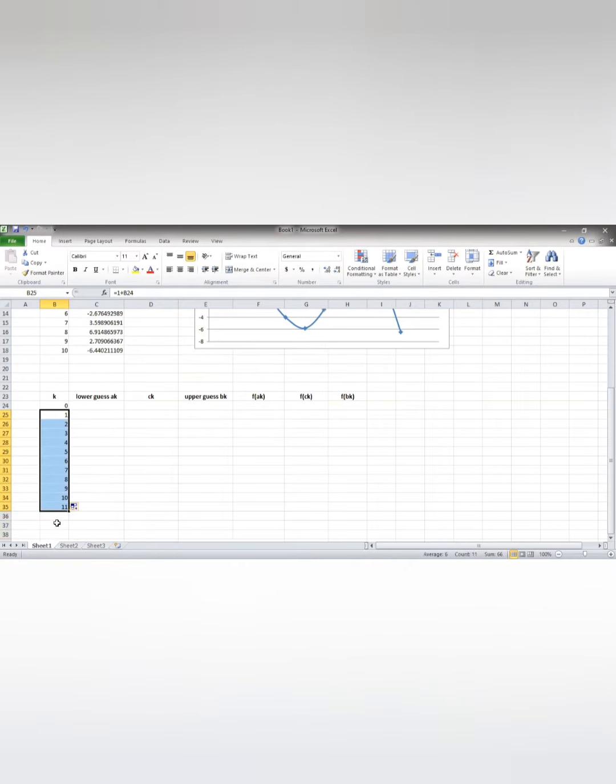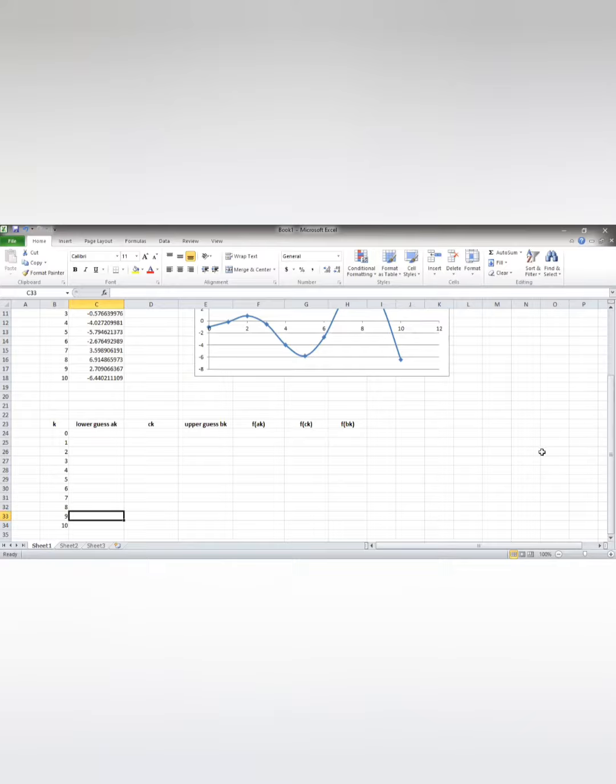If after the 10th iteration we still cannot get the root, we have to proceed with further iterations. So for the initial value, we have 0 for the lower guess value A, and for B, the upper guess value BK, we have here 2.